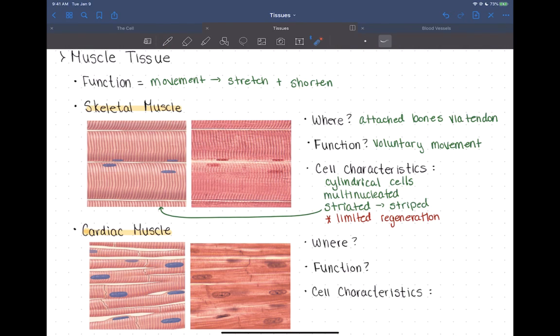That makes it very difficult for them to divide. Because remember, with mitosis, you have to divide the contents of the nucleus. So these cells would have to split the contents of every single nucleus into opposite sides of the cell and coordinate that across the entire length of the muscle cell. So that would become difficult.